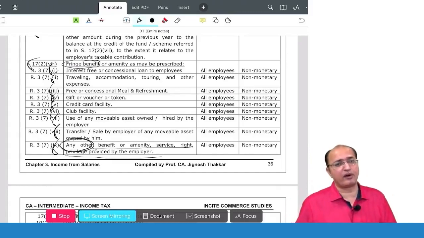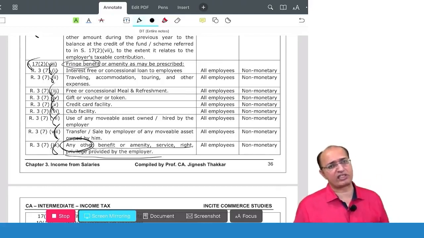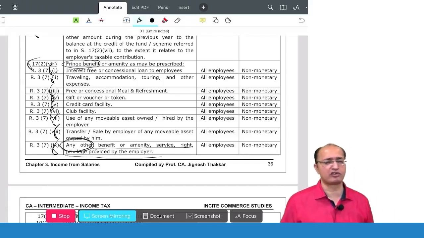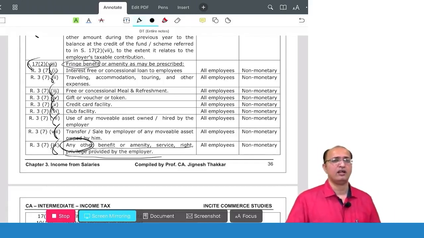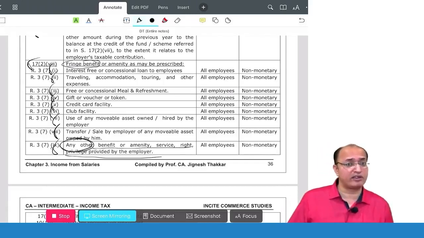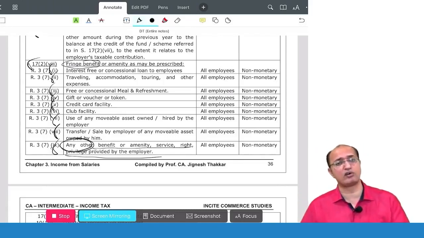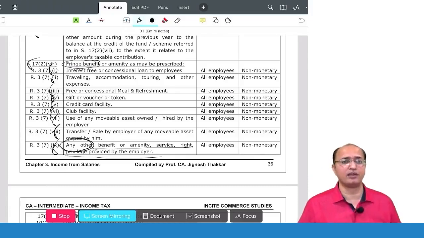If the employer is providing some facility or benefit or amenity which is not specifically covered by any other point, then that facility should be taken into the residual point, point number 9.